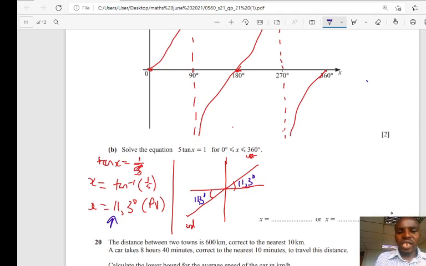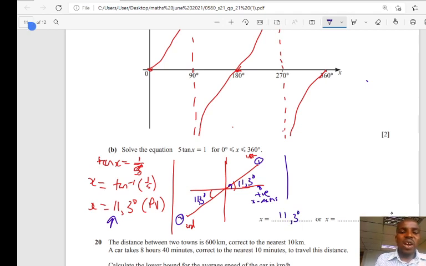Then this one is called the positive x-axis. To find the solution, you find the angle from the positive x-axis to the first line, and so on in the second line. So first use the first line. From this positive x-axis to this first line, what's the angle? It's 11.3 degrees.